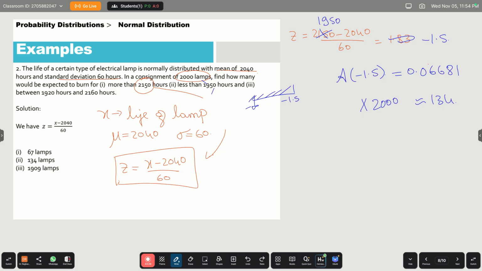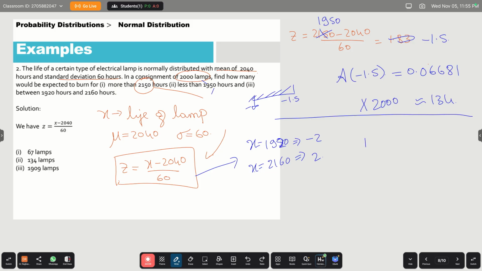So when you make this conversion, when you put x equal to 1920, sorry, I need to take 1920, you will get the value of z as minus 2. And when you put x equal to the upper one, 2160, you will get z value as 2.